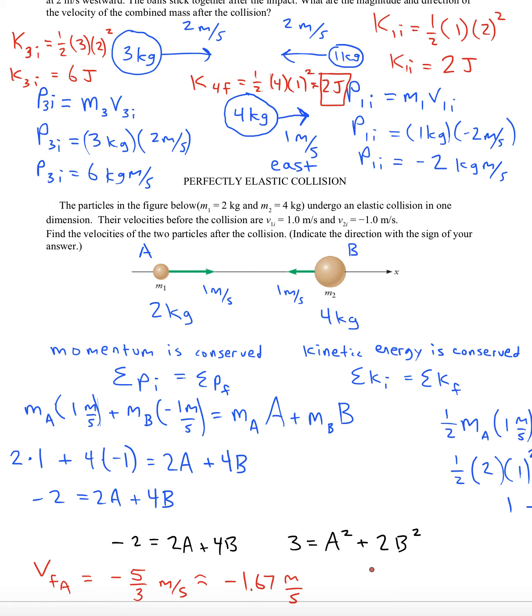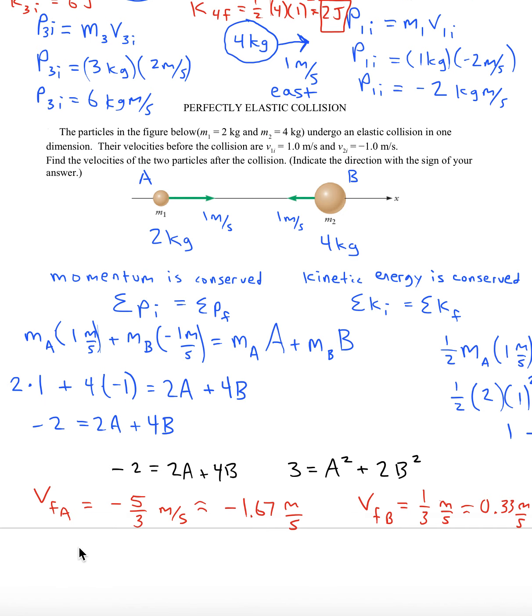Okay, and then our final velocity for B will be +1/3. It's approximately 0.33 meters per second.